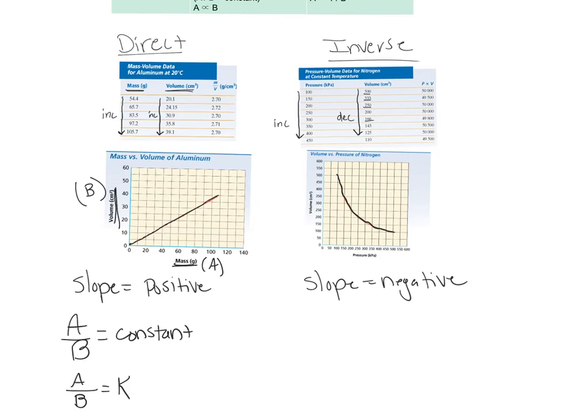In an inverse relationship, if you take what's on the x-axis, I will call A, and you take what's on the y-axis, I will call B, and you multiply them by each other, you will always get a constant. A times B will always be K. K is the constant. This is very important. This is what we call the relationship between A and B. For direct, it's A over B gives me a constant. For inverse, it's A times B gives me a constant.